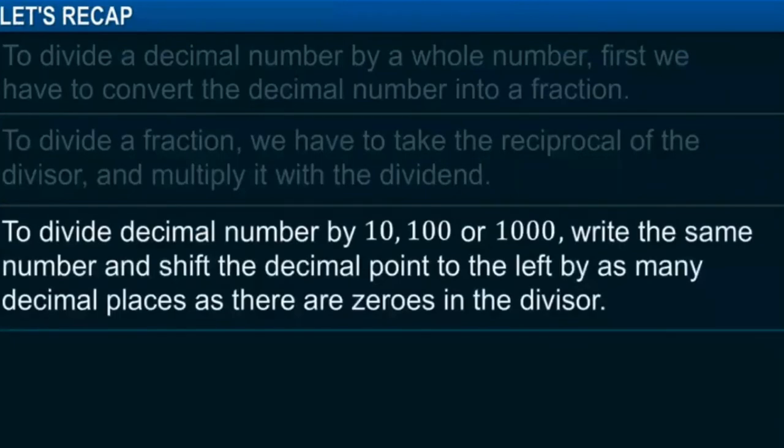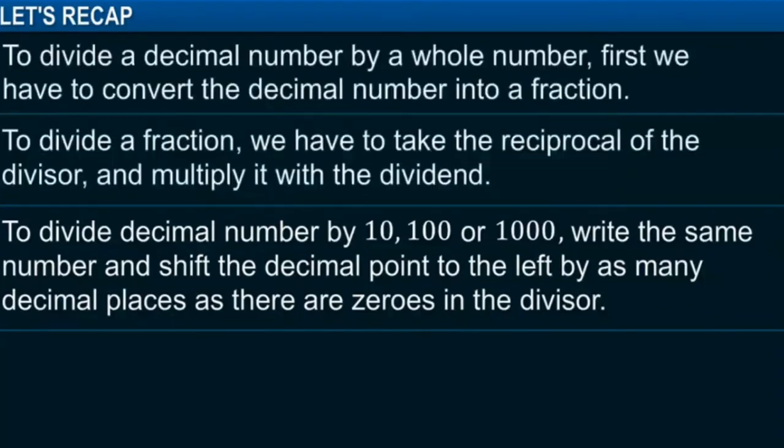To divide a decimal number by 10, 100, or 1000, write the same number and shift the decimal point to the left by as many decimal places as there are zeros in the divisor. So this much we have studied today, that is the division of a decimal number.